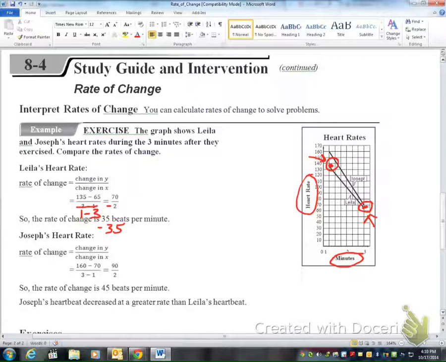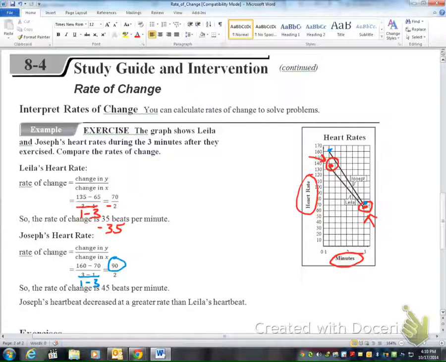Now, either way, you're changing by 35 beats per minute. The negative just lets us know that the heart rate is going down 35 beats per minute instead of going up. Same thing if you look at Joseph's heart rate. Joseph's heart rate starts at 160 at the first minute, and it goes down to about 70 at the end. So we have 160 minus 70, which gives us 90. Then, again, they put 3 minus 1, but I would think of it as 1 minus 3, because I'd look at from the first moment to the last.